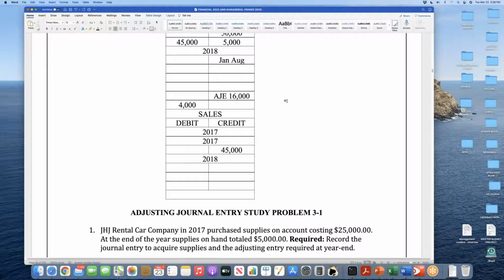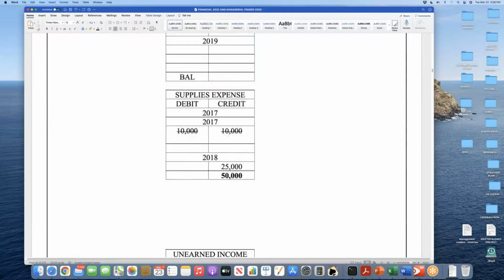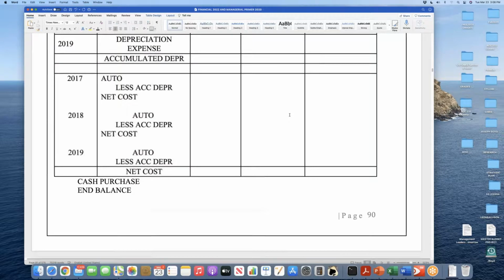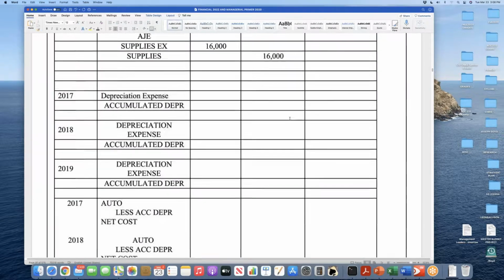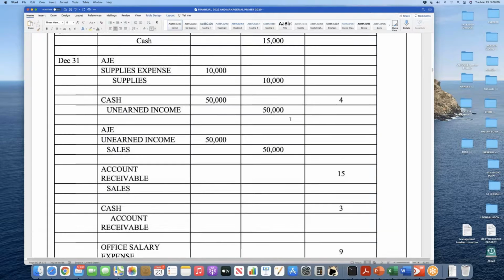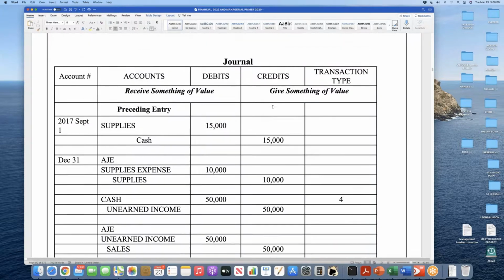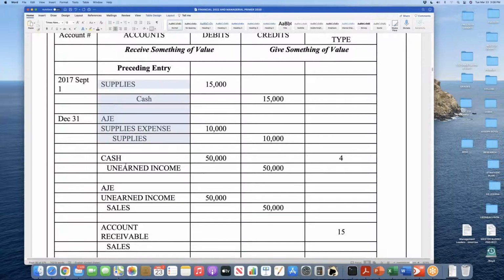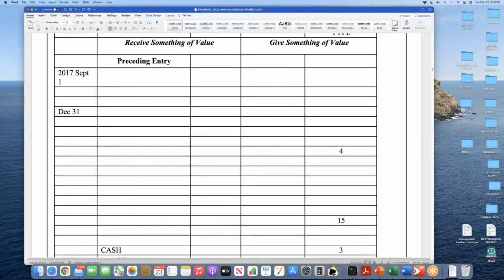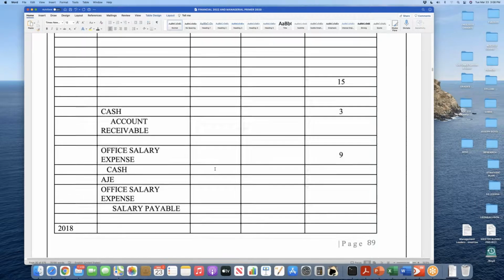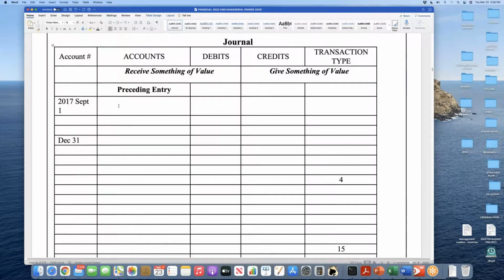Everybody see the numbers 25 and 5,000, right? So that's 2017. I want you to see if you can work the first example as I clear out my accounts. So, can y'all make the entry to buy the supplies?